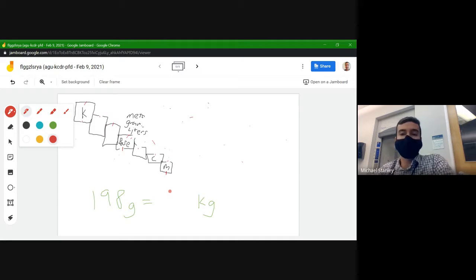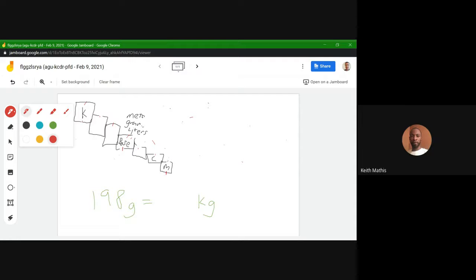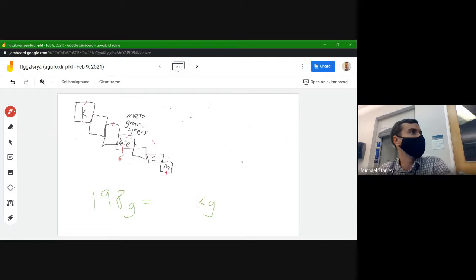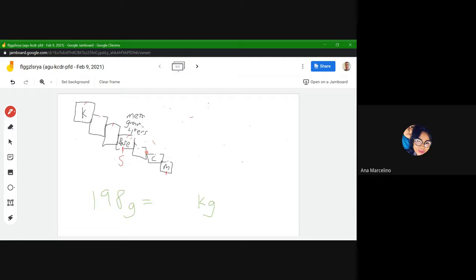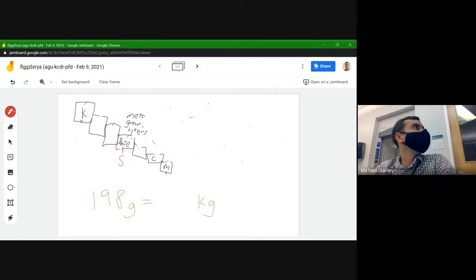So where are we going to start on the ladder? At the base. Grams is a base unit, so we're going to start with an S at the start of our base. Where are we going to end? What's our ending point on the ladder? Kilograms. Kilo is K. So up here is our ending point.